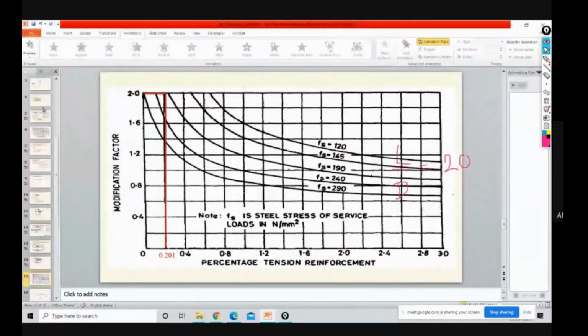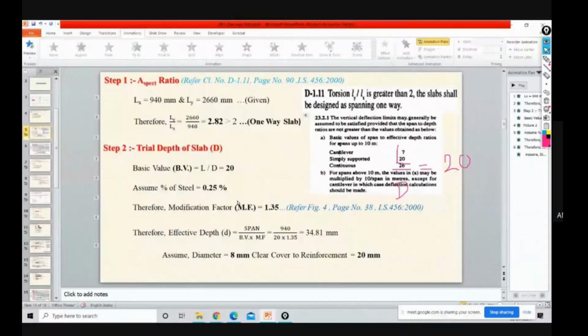Here you can see, this is for the deflection criteria, vertical deflection limits. Okay, it means L by D equals 20. L by D is for the deflection criteria.